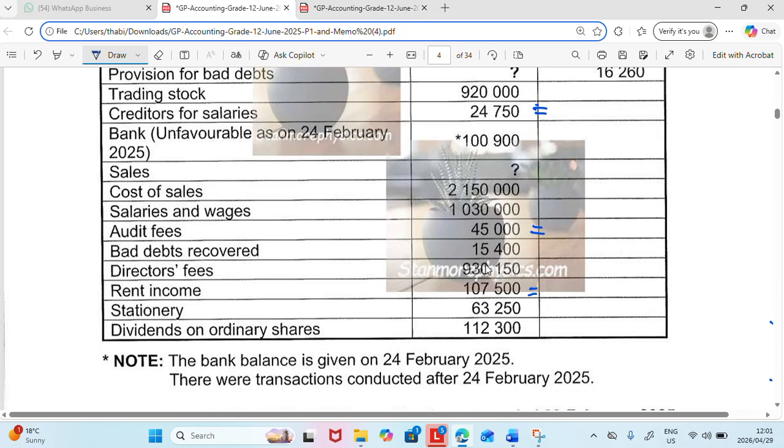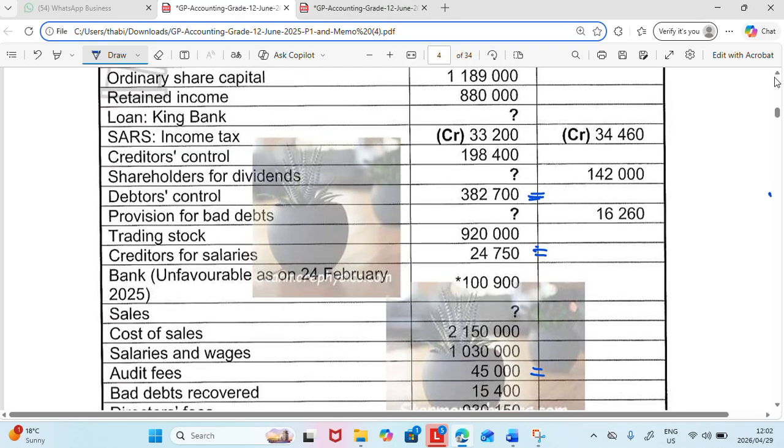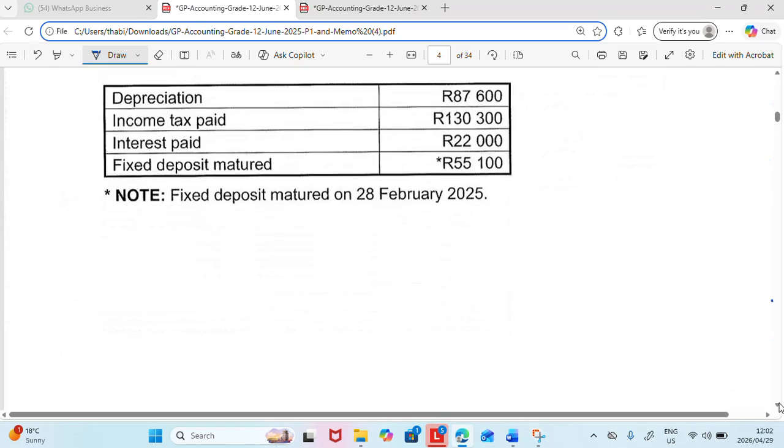So here, guys, if you can check shareholders for dividends from the list of balances which are not given, can you see we have a question mark for the current financial year? This is what we record, guys, where I'm highlighting on the balance sheet. That is what we record, shareholders for dividends for the current financial year. Your final dividends you declared for the current financial year.